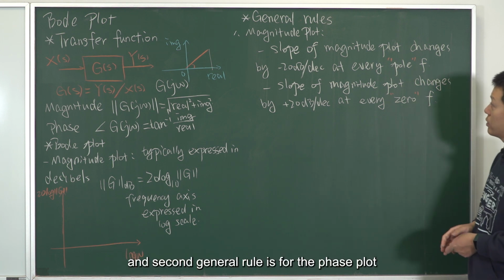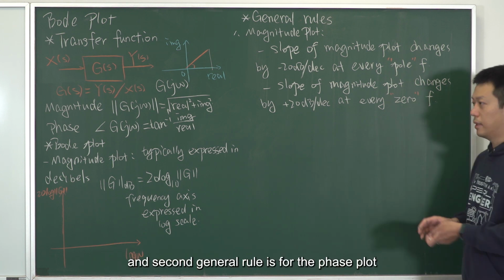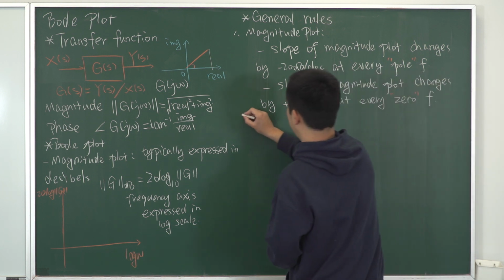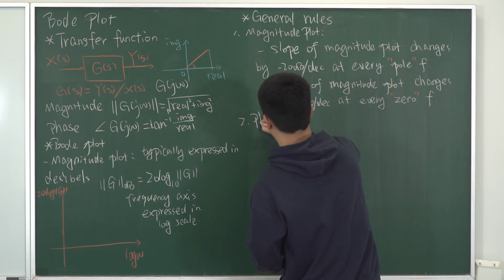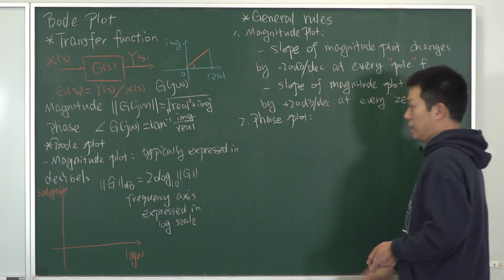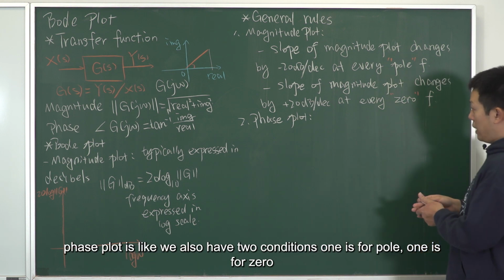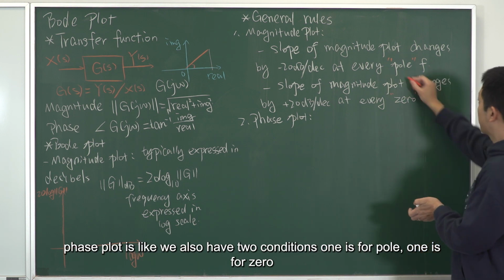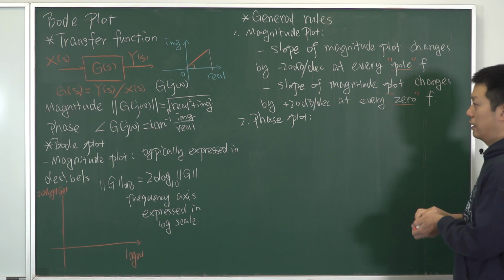The second general rule is for the phase plot. We also have two conditions: one for a pole, one for a zero.